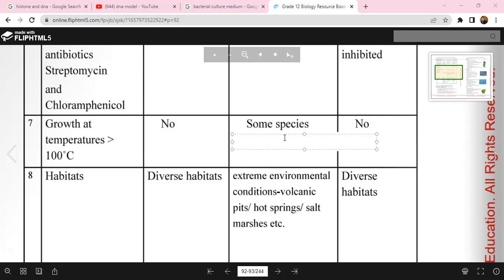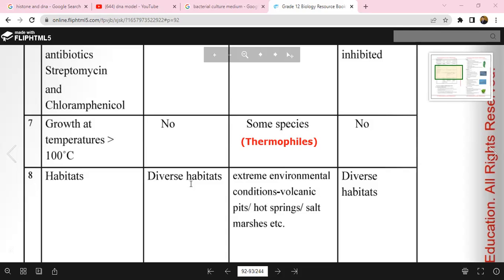It is there for some species of Domain Archaea. Those species are normally called thermophiles. They are heat loving organisms. They love to live in high temperature, hot water springs, volcanic pits like places are their choices of life.